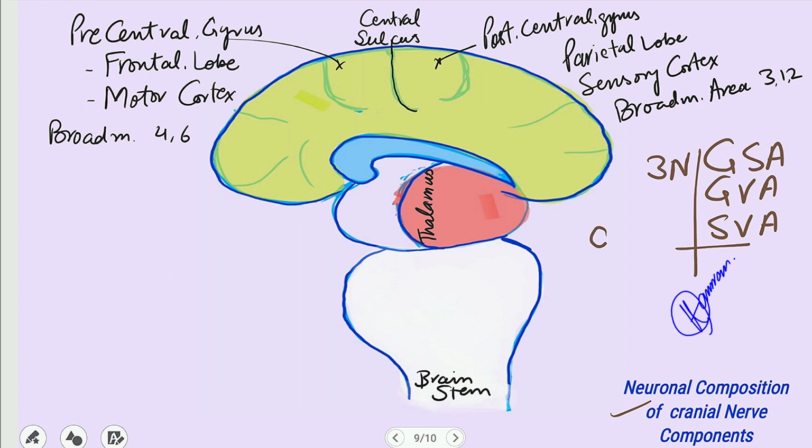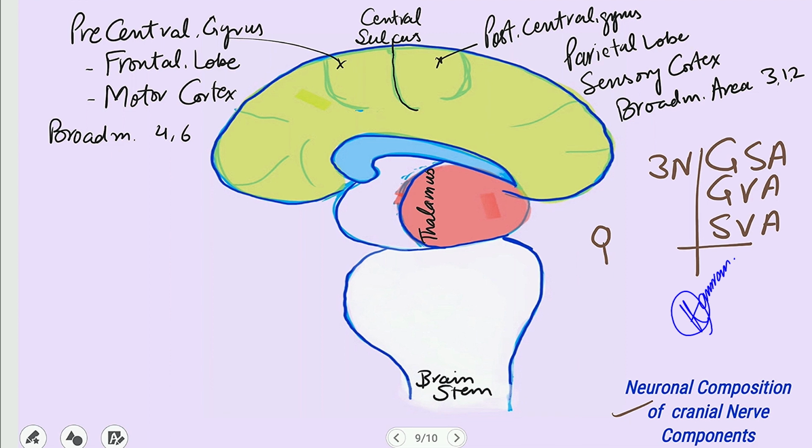The first order neuron, like in the spinal cord, is a pseudounipolar neuron with a cell body in the center and two processes, a peripheral process and a central process. The peripheral process carries information from the receptor, and the central process enters the brain, that is the brainstem. Here it will synapse with the second order neuronal cell body.